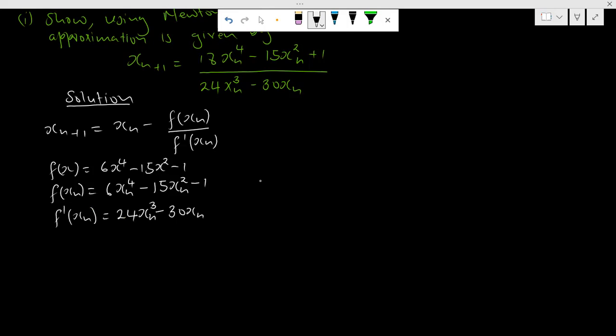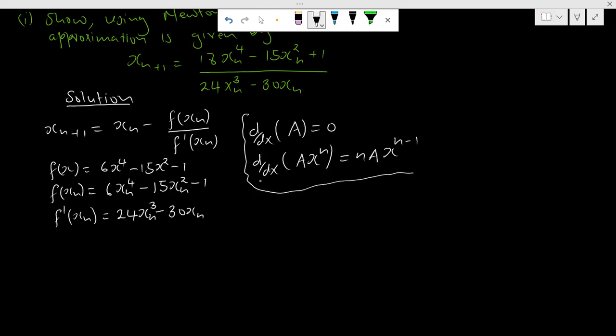When we differentiate, d/dx of a constant is always equal to 0, and d/dx of a x^n is equal to n a x^(n-1). This is a reminder.